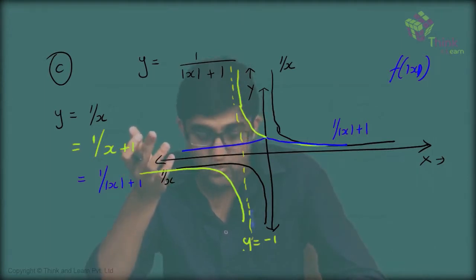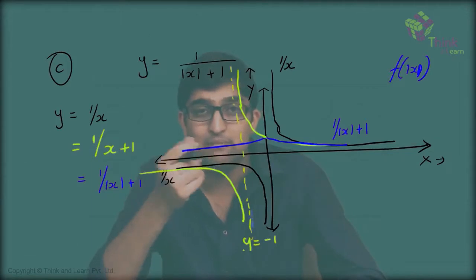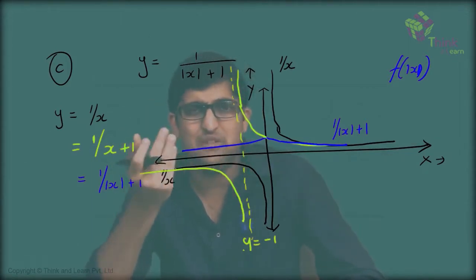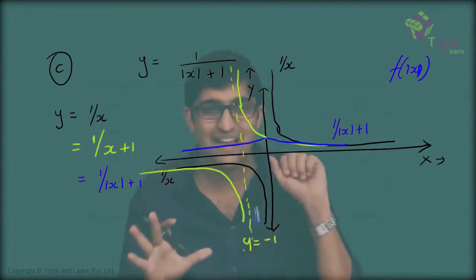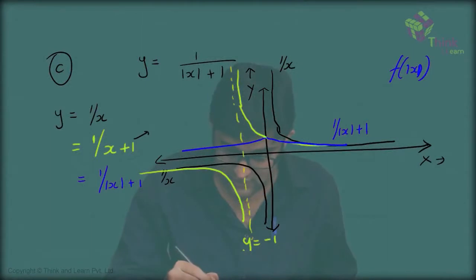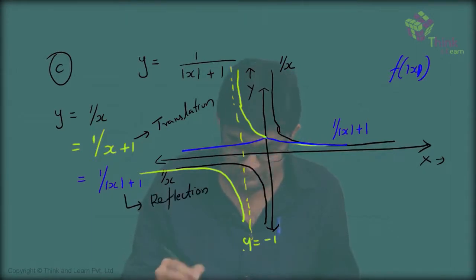If you do a modulus of it, it gets reflected. If you do a negative of x or negative of y, it gets flipped. So these were the simple transformations we learned. I was just using them and nothing else, right? I used the transformation of translation here, and here I have used the transformation of reflection.